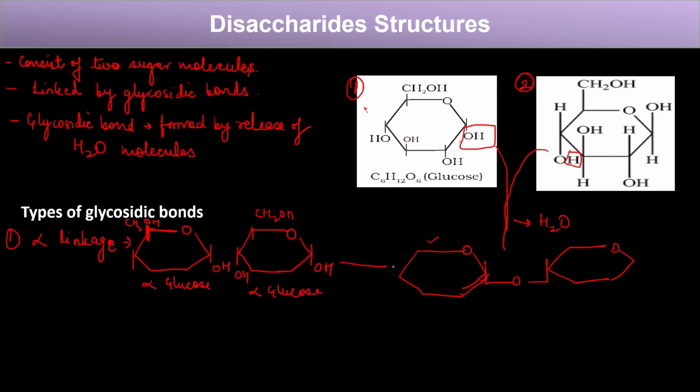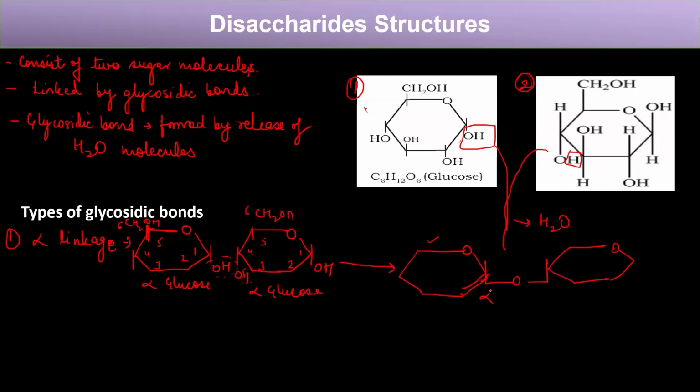So in this case, when the bond formation takes place, it will look something like this. The OH and this H together make the water molecule and it will be released, and the bond will look something like this. And this bond will be called alpha, because this is 1, 2, 3, 4, 5, and 6, and again here 1, 2, 3, 4, 5, and 6. So we are seeing that the first carbon of one glucose and the fourth carbon of the second glucose are making the bond.